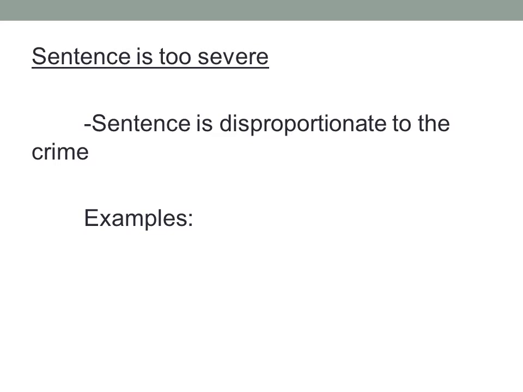And the court sentences that 15-year-old to the death penalty. That has been deemed by the Supreme Court as too severe. Basically, based on the Supreme Court, nobody who was 18 or younger when they committed the crime can be sentenced to the death penalty. That goes towards the age factor.